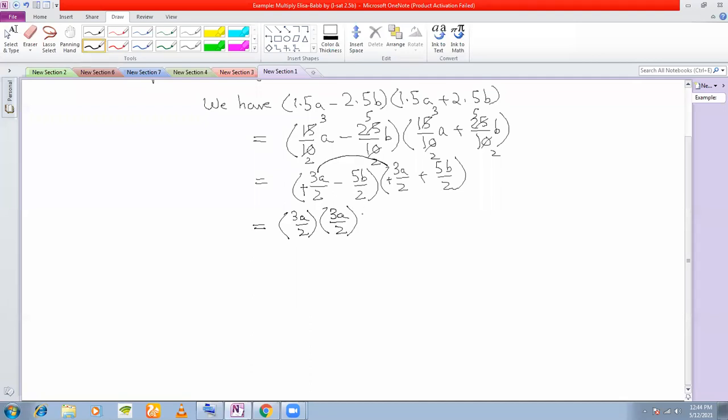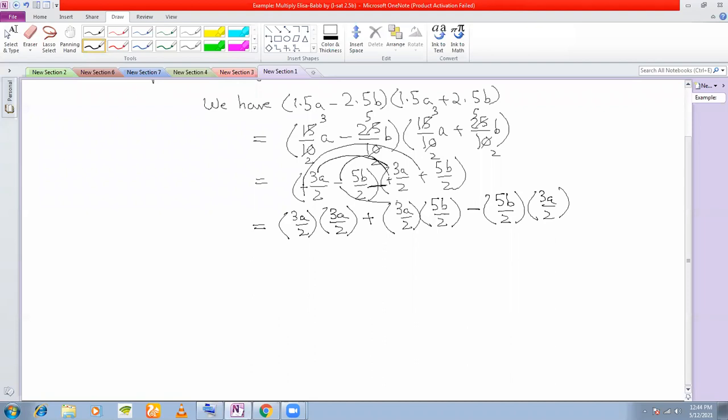Next, this plus sign will combine with this plus sign to give you a plus sign, and you multiply the terms 3a by 2 into 5b by 2. Next, this minus sign will combine with this plus sign to give you a minus sign, and then you multiply these two terms, 5b by 2 into 3a by 2.